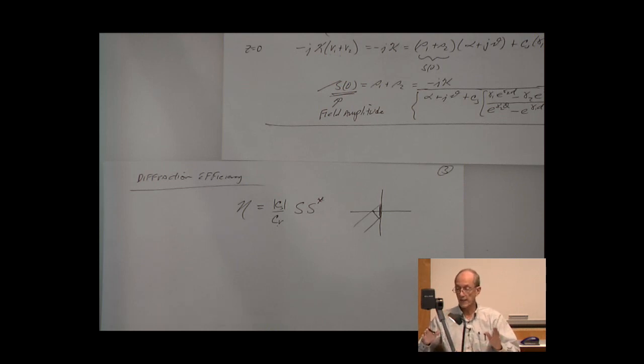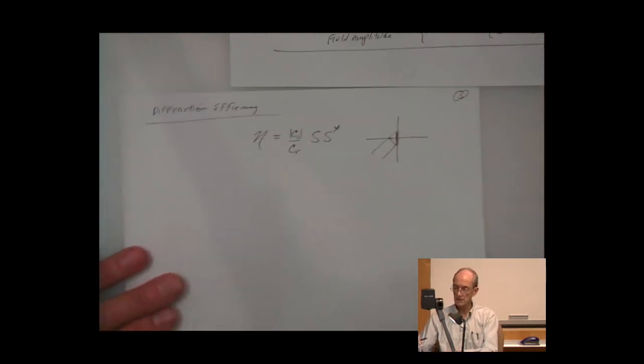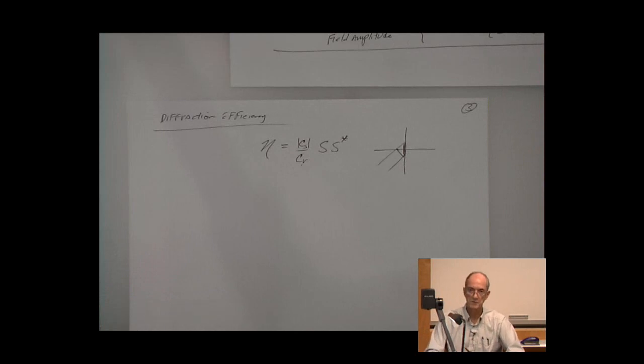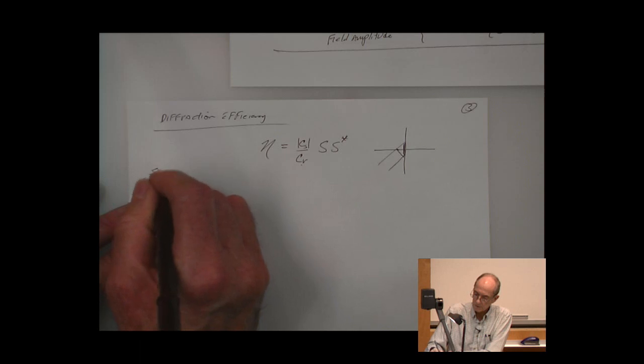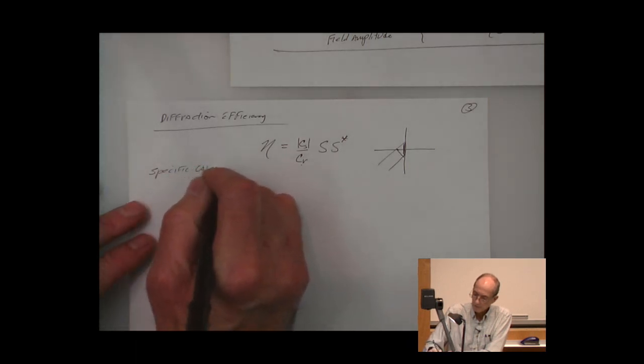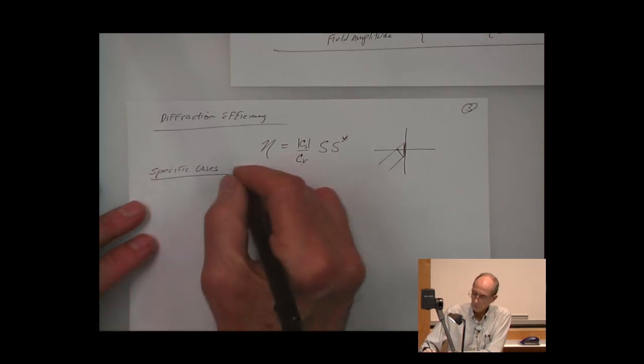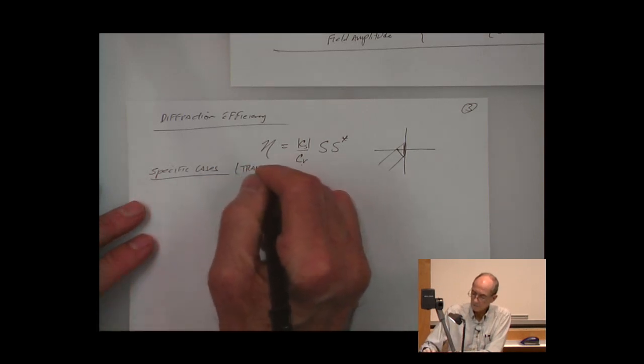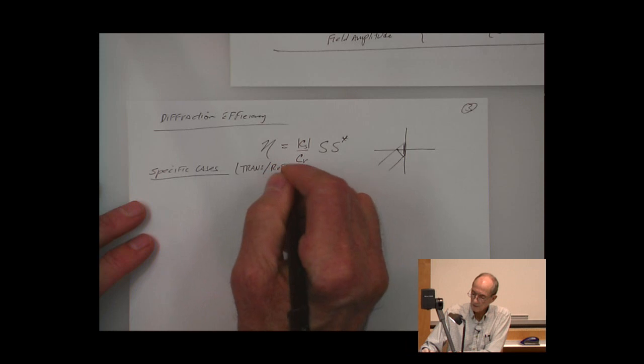Okay, so now we've basically solved the problem for transmission and reflection cases, and so now we want to look at a couple of different specific cases, both for the transmission and the reflection case.